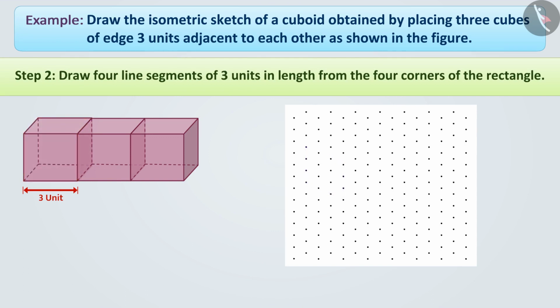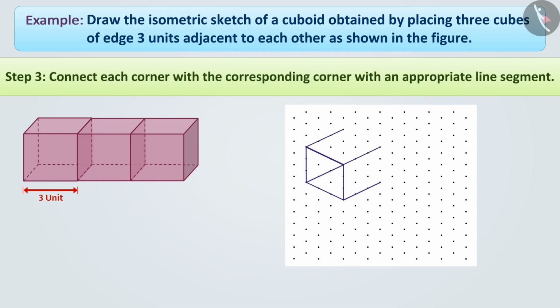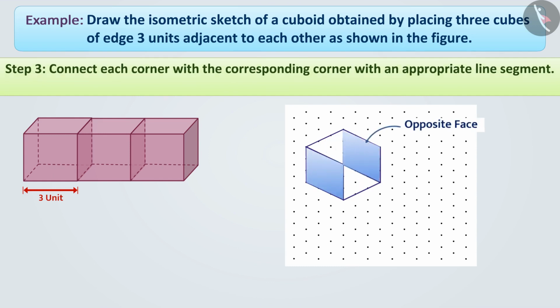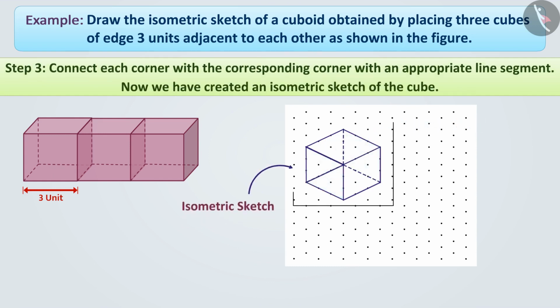Therefore, we will now draw 4 line segments of length 3 units each from the 4 corners of the square. Step 3. Now, we will connect each corner with the corresponding corner with an appropriate line segment. This square represents the face opposite to the front face of the cube. Now we have created an isometric sketch of the cube.